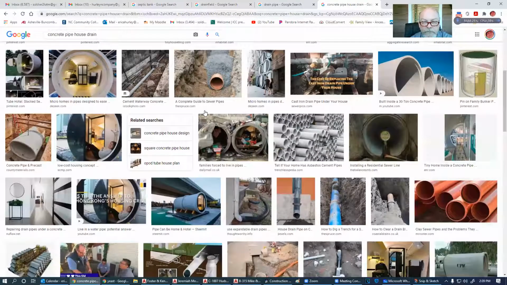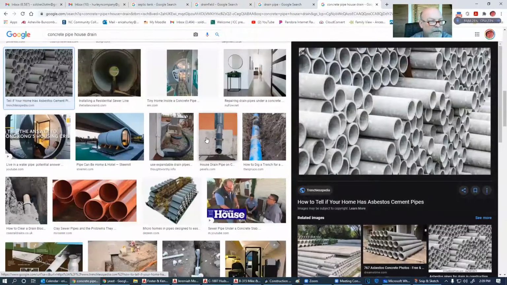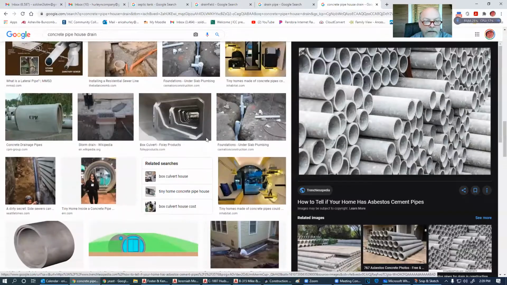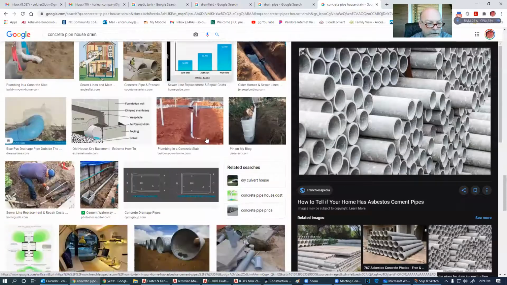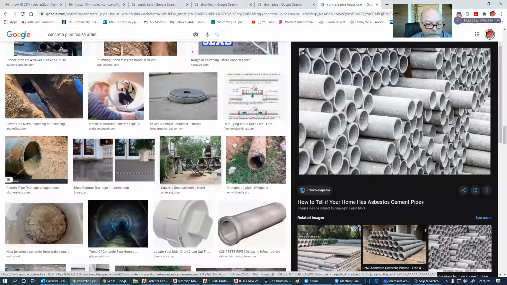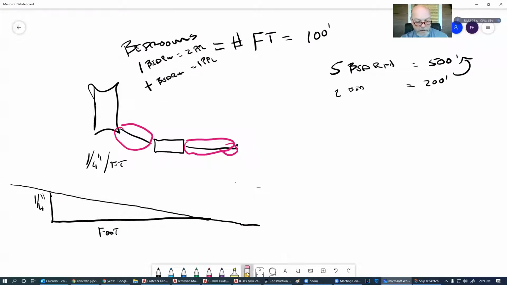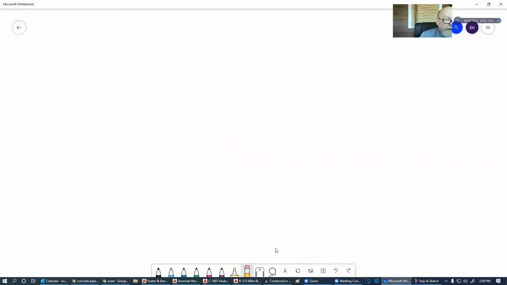Fat fingers typing on a keyboard. Well, I'm not finding the picture that I'm looking for. Okay, so back to the drawing board. So in 66, we had 4-inch diameter pipe, and they were made of concrete.